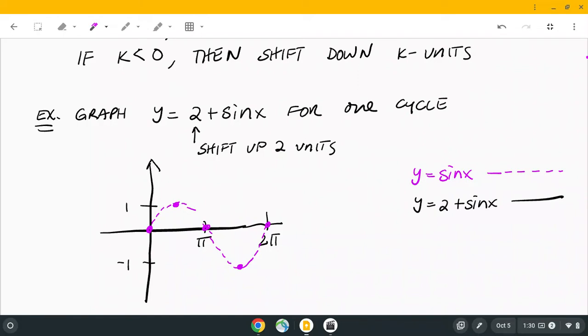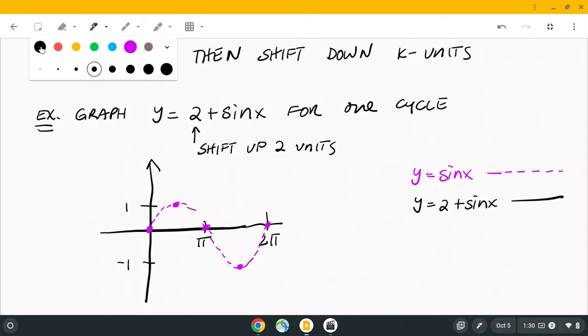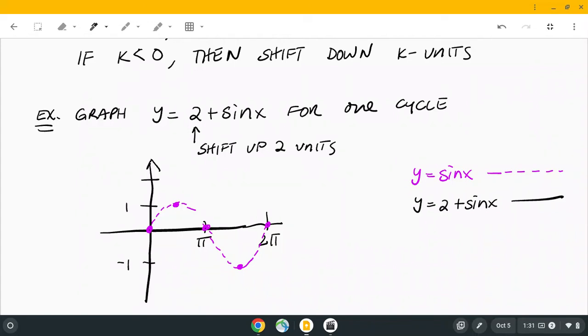Now it says I need to shift my graph up 2 units. These 5 points that I have here, if I shift them up 2 units, then I'll get the whole graph shifted up 2 units. So I'm going to go up 2 units. 1, 2. Plot a point there. Here's a point. I shift this point up 2 units. 1, 2.